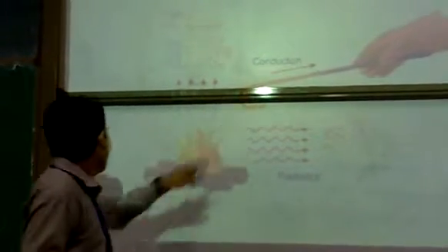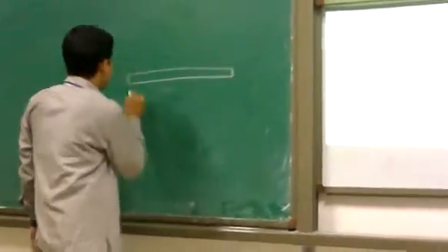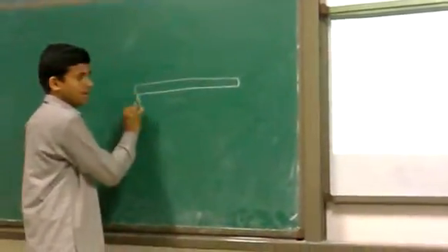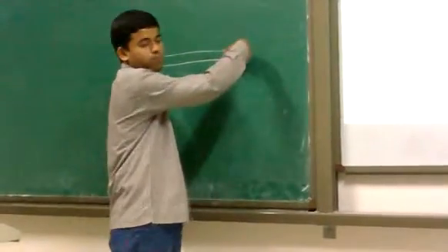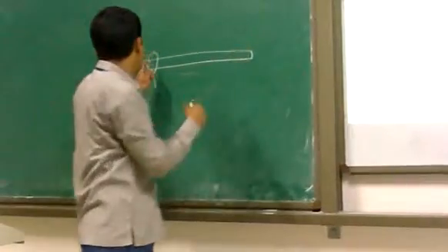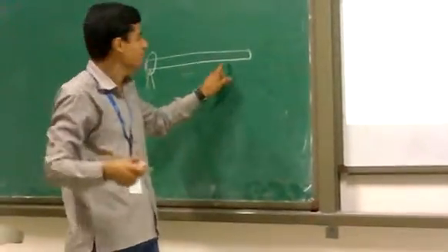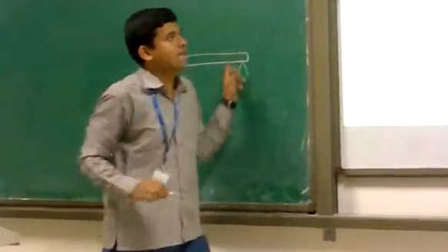Secondly, conduction. As I told earlier, if we take a metal rod and heat one side gradually, the heat is transferred, and after some time the other end also becomes hot. This type is generally called conduction, and third is radiation.